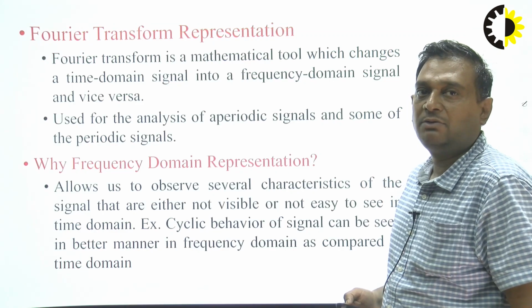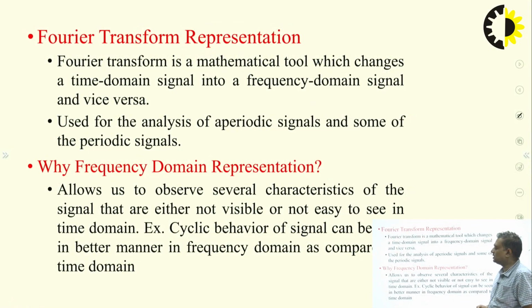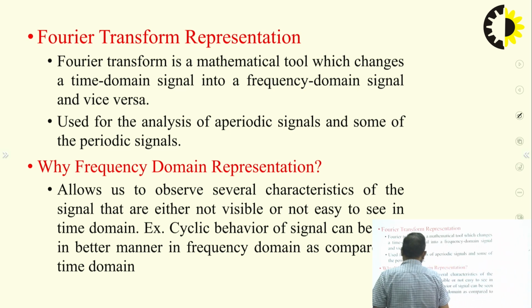When we apply the Fourier transform over the signal, we get the frequency information, and some information that is not visible in the time domain can be easily seen in the frequency domain. For example, cyclic behavior of signals can be seen in a better manner in the frequency domain as compared to the time domain.